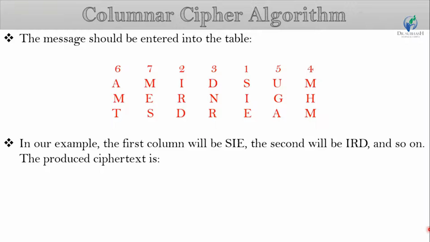The procedure cipher is: SIE means first column, then second column IRD, third column DNR, fourth column MHM, then fifth column UGA, then sixth column AMT, and last one is seventh column MES.